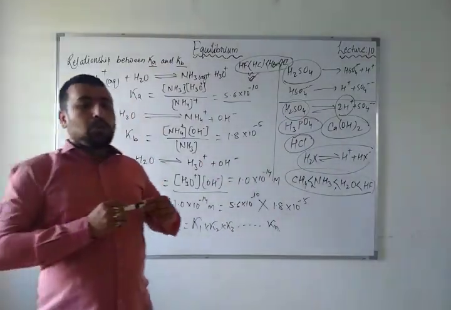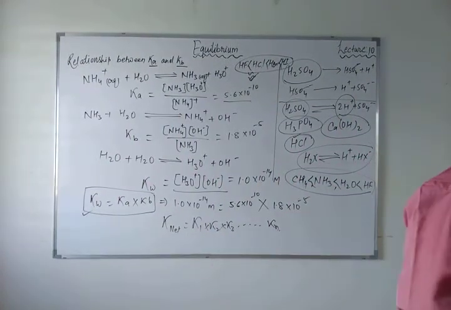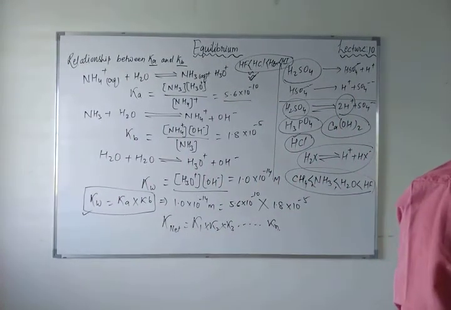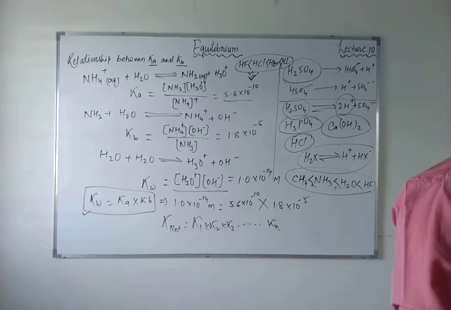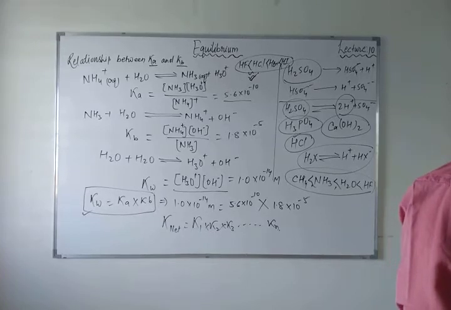So no need to worry about the factors affecting the strength of acids and the strength of bases. Now the common ion effect in the ionization of acids and bases. What is the common ion effect?